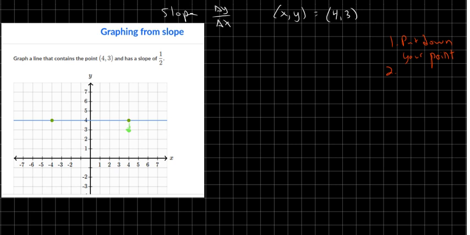Now we know our slope. Our slope here is 1/2. Change in y over change in x is equal to 1 over 2. So I'm going to draw a little triangle.